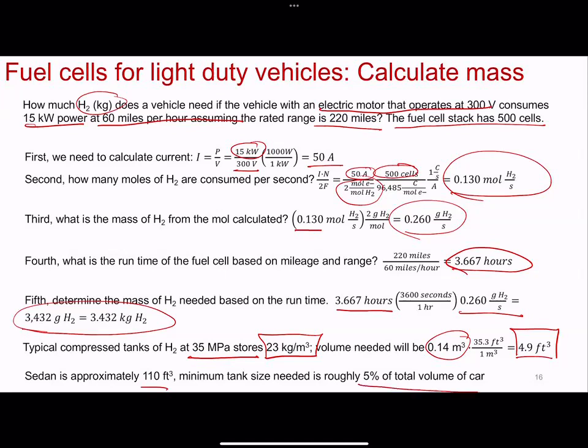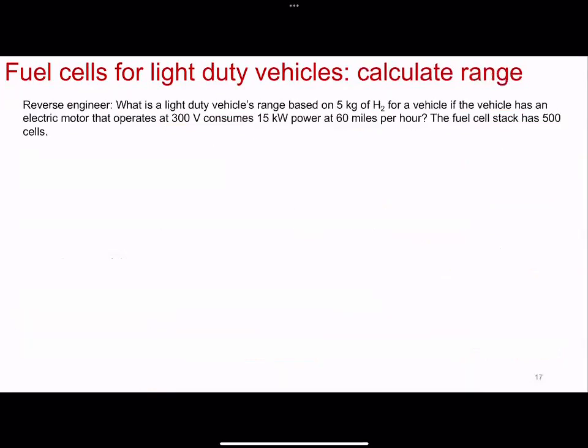So 4.9 cubic feet is about 5% of the volume of your vehicle. That's just your fuel. Okay, so it's actually not that bad, and you can make it to Cincinnati and back. So not bad at all.